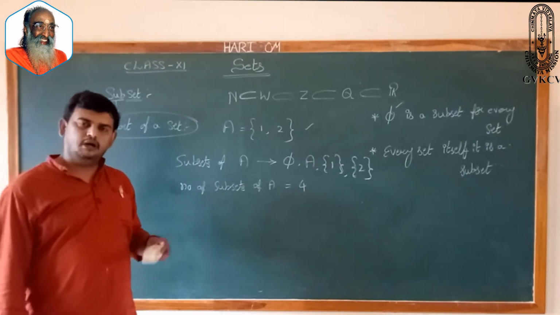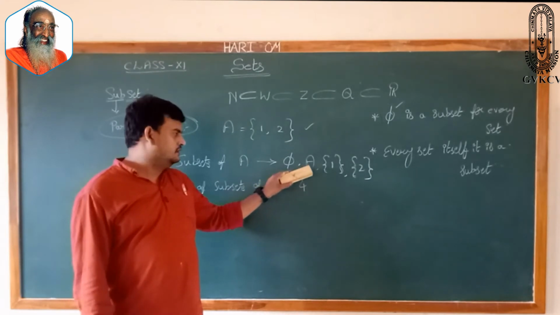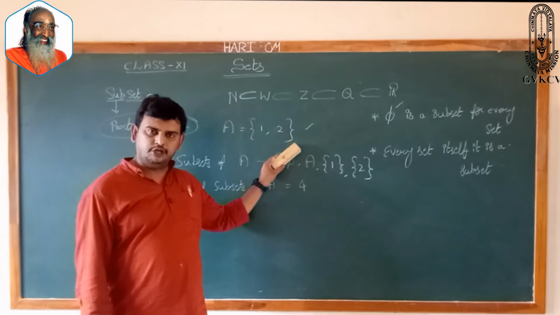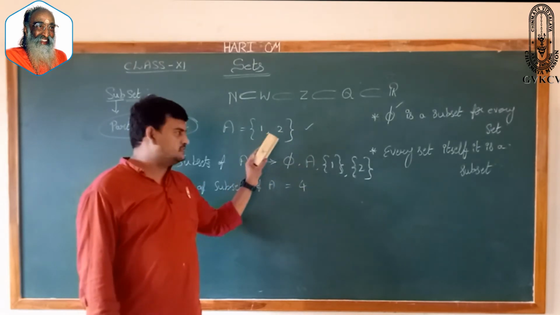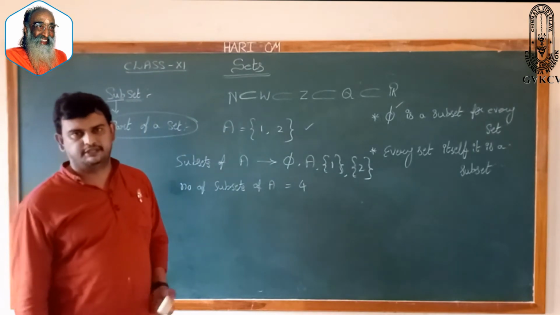What are they? The empty set, by default, is a subset. The set itself is a subset. And the individual elements we need to take: {1} is one individual set, {2} is another individual set. So I have a total of 4 subsets.